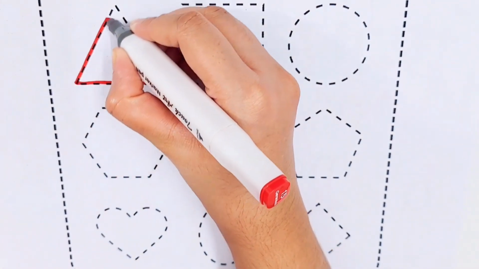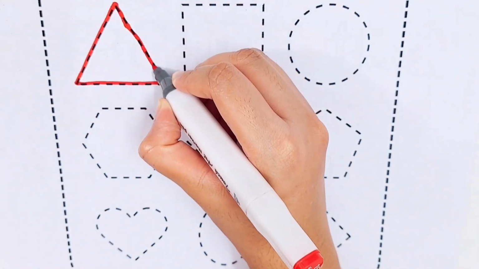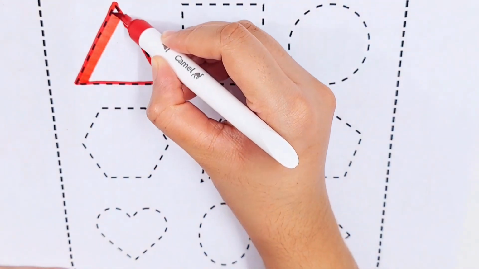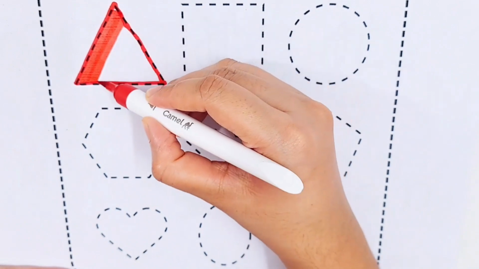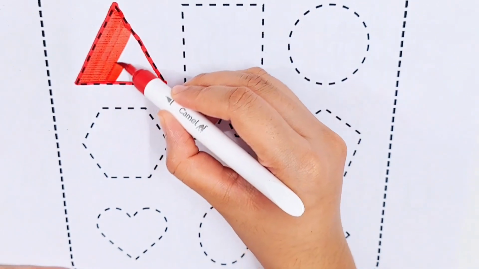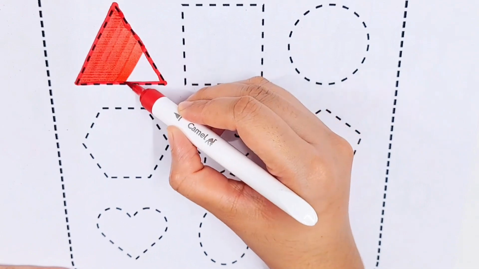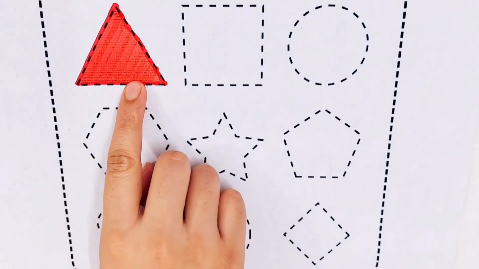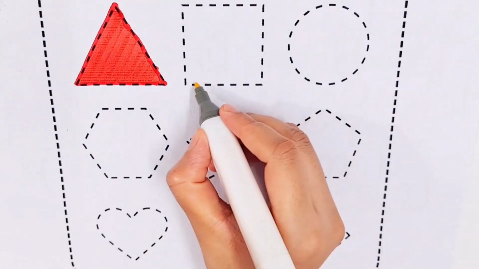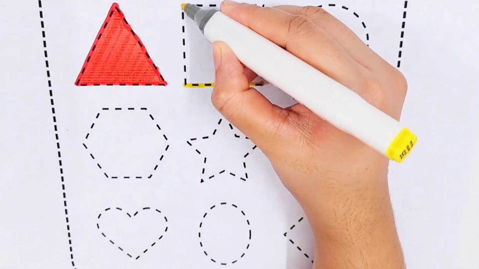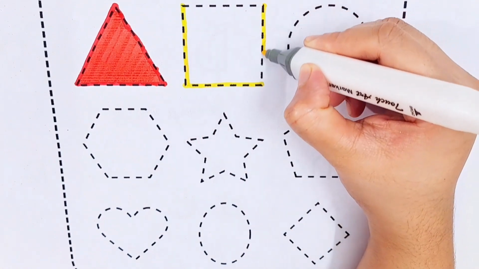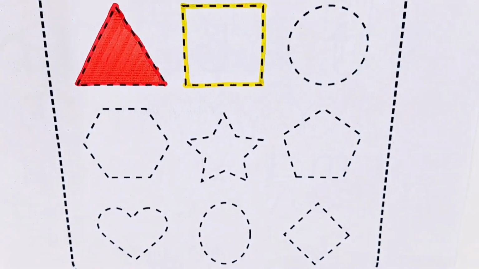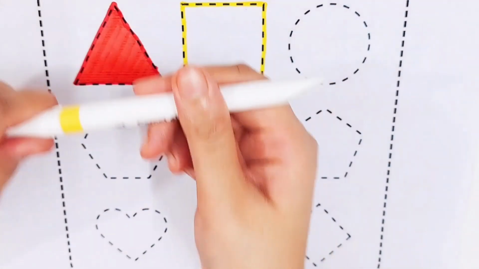Triangle. Red color. Square. Yellow color.